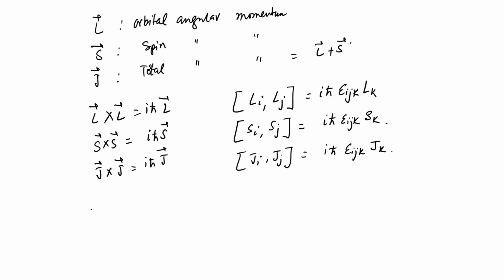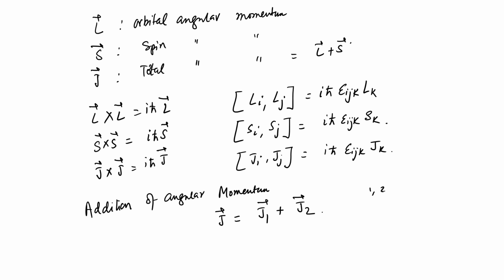Now, we talk about addition of angular momenta, and in particular we will just talk about J, but these addition rules are valid for the other two angular momenta as well. So, addition means that we are talking about J equal to J1 plus J2. So, 1 and 2 correspond to two particles.